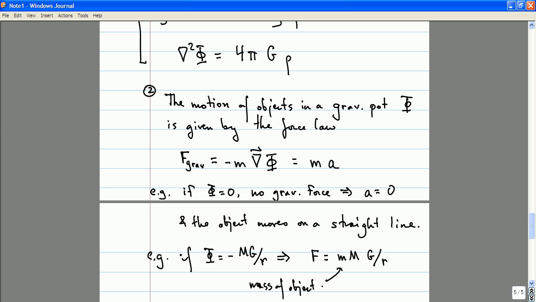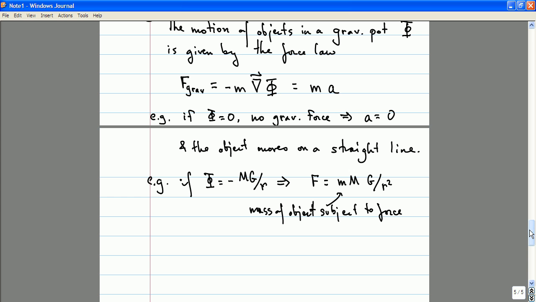So I should say the mass of the object subject to the force. And big M is the mass of the object creating the force. R squared, thank you. And of course, if I want to use vector notation, I would say F vector is equal to that guy times the unit vector in the r direction, r hat. But if I just want to use the non-vector notation, I would just say it's little m, big M times G over r squared.